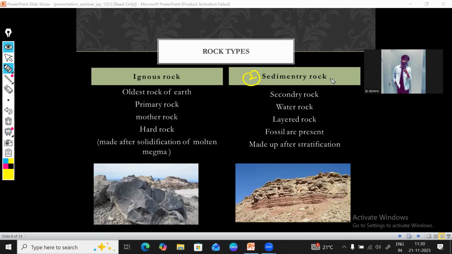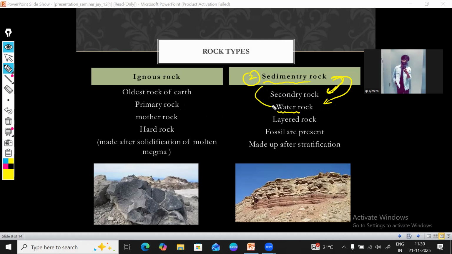What are the nicknames and other names of the sedimentary rock? The other names are secondary rock and water rock. Why do we call it that? Because the sediment is made after weathering of igneous rock, which is carried out by the water, and the new rock formed is known as sedimentary rock.